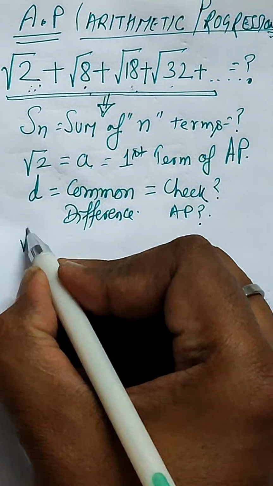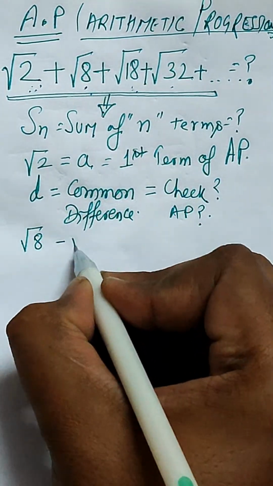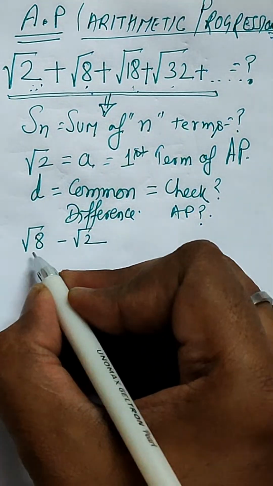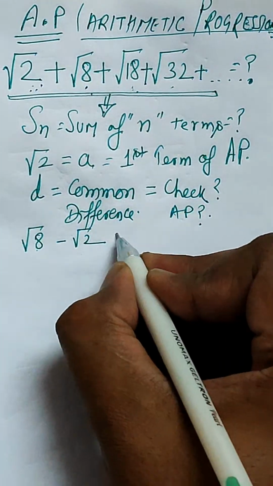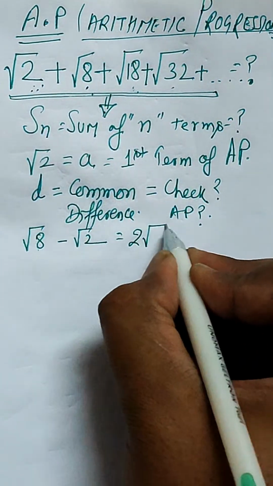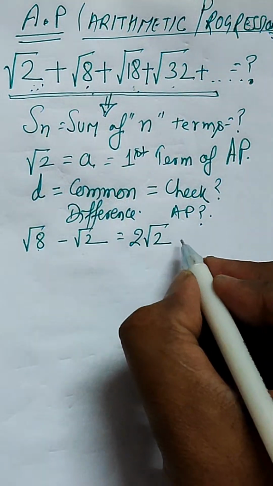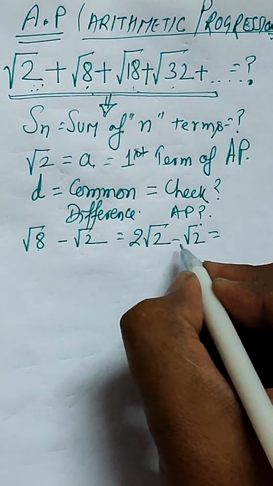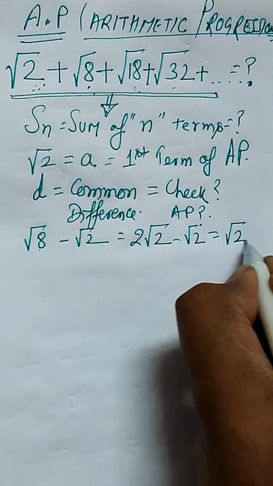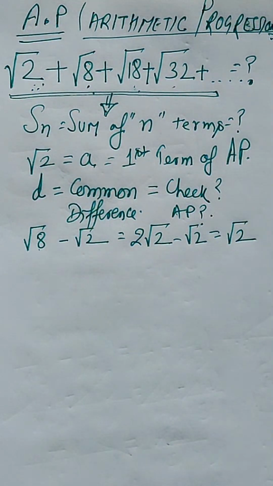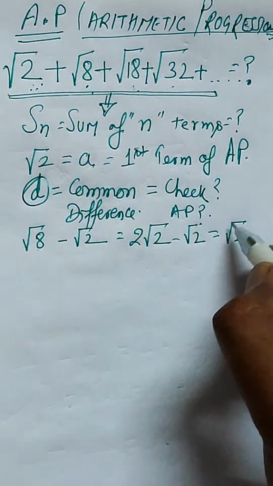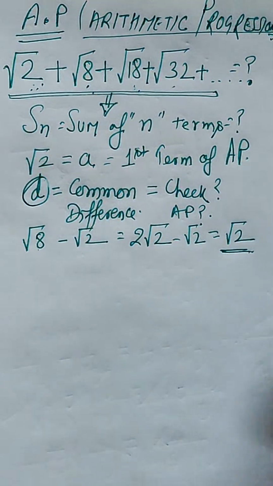So here, root 8 minus root 2, basically root 8 can be written as 2 times root 2, and minus root 2, which will be 2 root 2 minus root 2, that is equal to root 2. So the common difference is root 2, right?